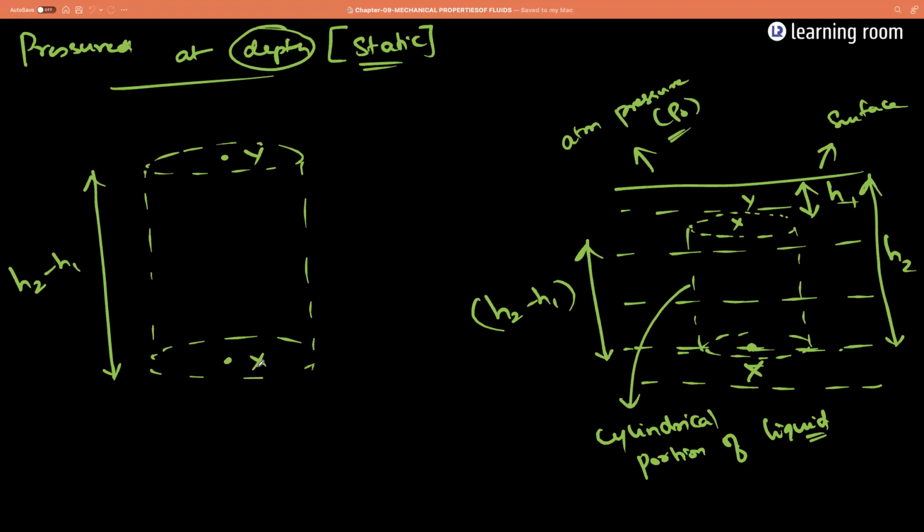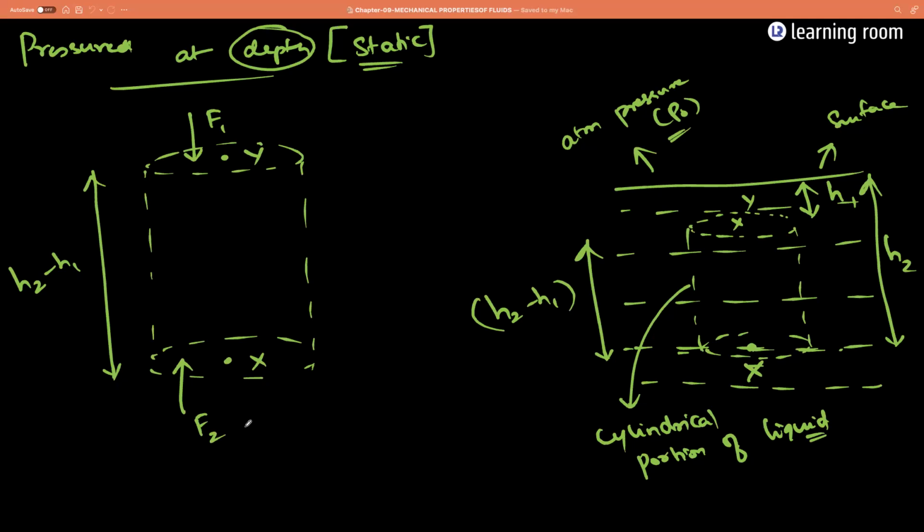Now, there is liquid from the top of y which is exerting a force F1 in the downward direction. Am I right? Similarly, there is some portion of liquid from the bottom which is applying a force in the upward direction, which is going to be F2. Don't get confused, this is not pressure, this is force.